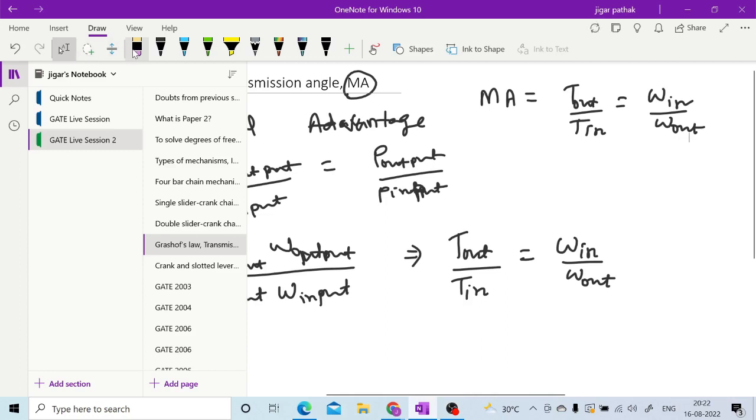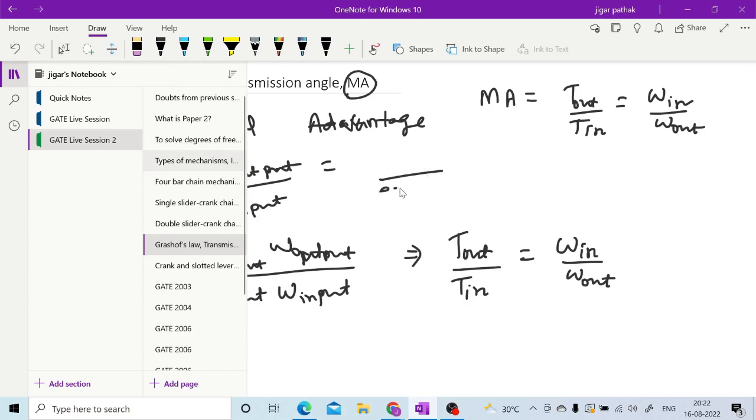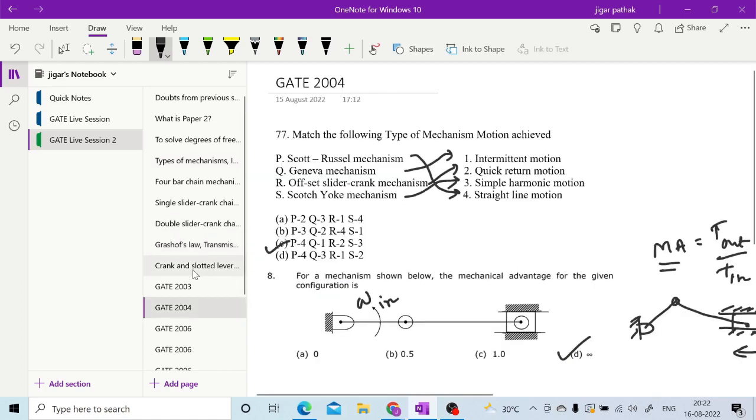Let me modify it also. Sorry for that. So torque output or force output and torque input can be considered for this mechanical advantage calculation.